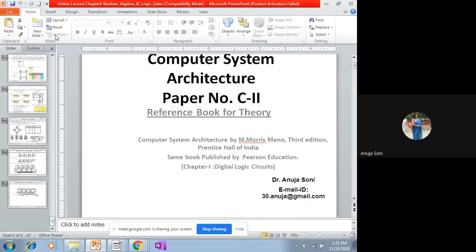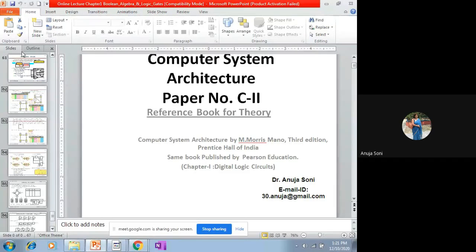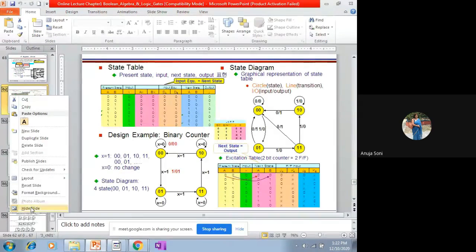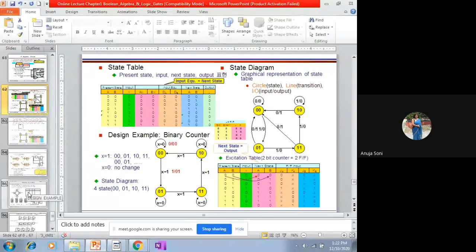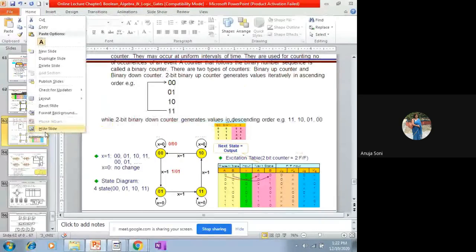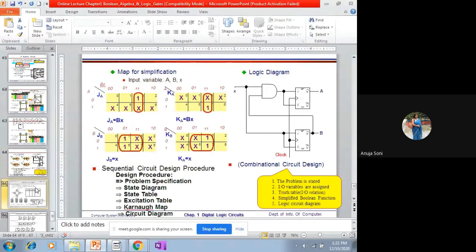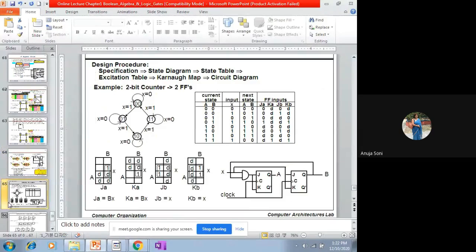Look, beta, if you want to explain, I already have sent you the slides in which I have provided all this in hidden form. You can unhide all these slides and, after unhiding, you can go through the brief concepts. Otherwise it will not be asked once it is not in your syllabus.